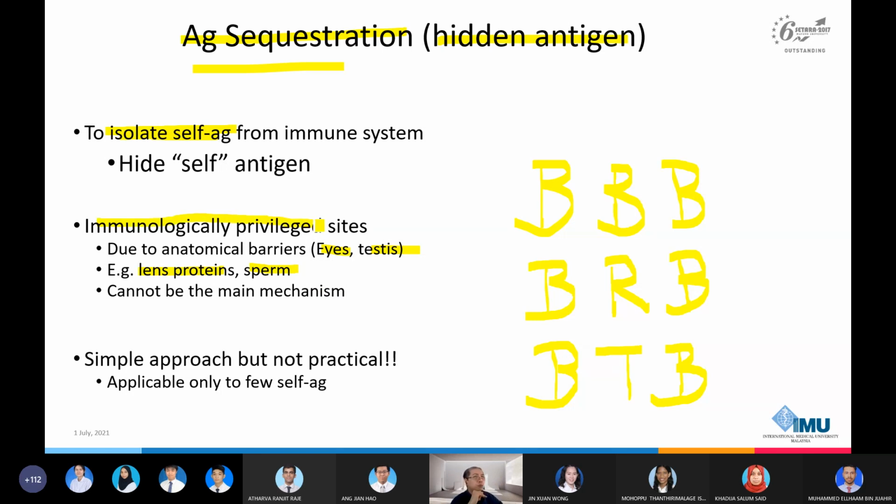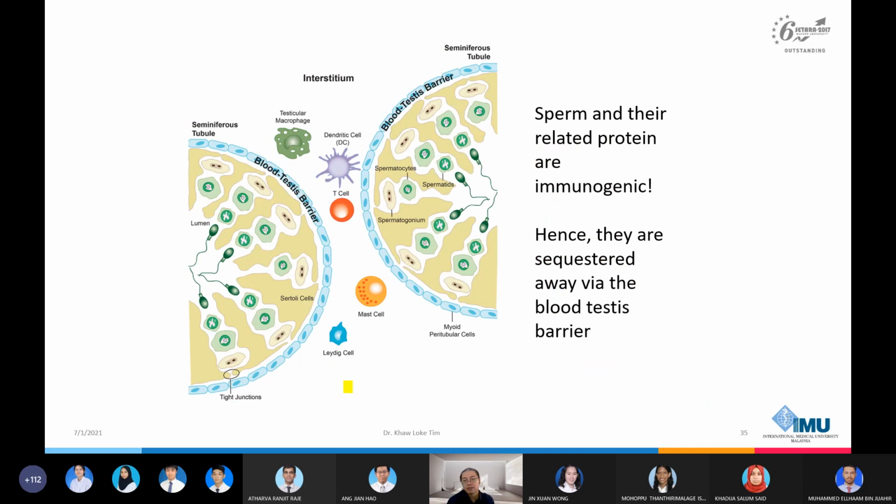I'm sure you have heard of immunoprivileged sites before, right? No? Well, that's why the name blood-brain barrier, this barrier implies it separates the immune system. However, this cannot be the main mechanism. Why? It's only applicable to a few self-antigens.